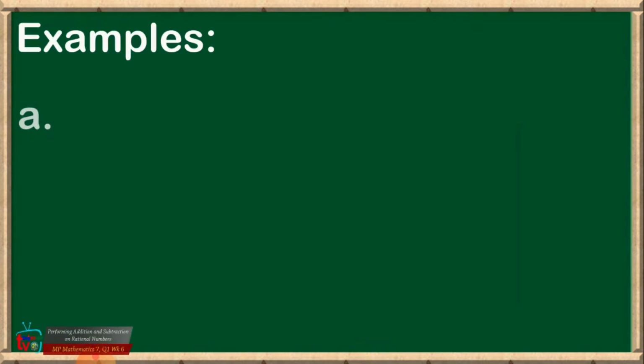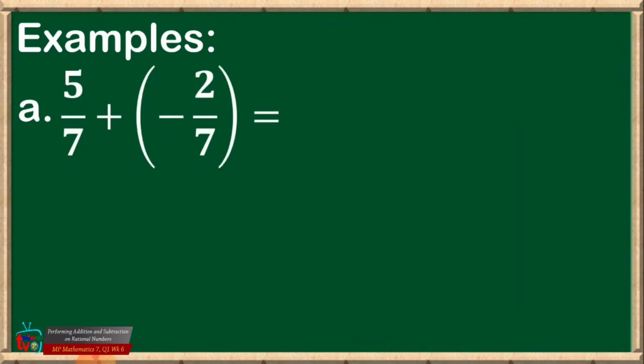Examples: letter A, 5/7 plus -2/7. So we are going to subtract the numerators first and then get the absolute value, then copy the common denominator.